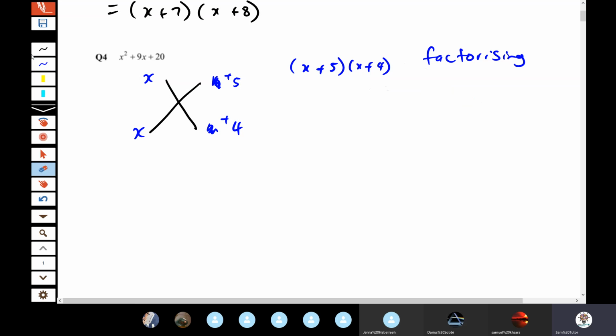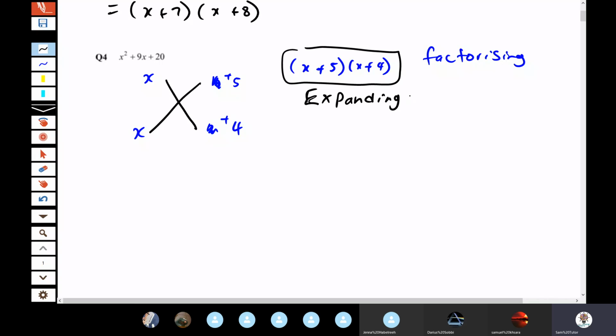What's the opposite of, like, if I said 3 times 4 is 12? The opposite of multiplying would be to divide. Last week we learned to expand it.